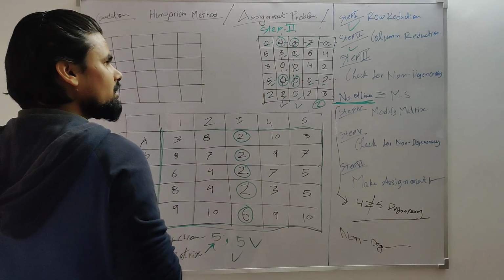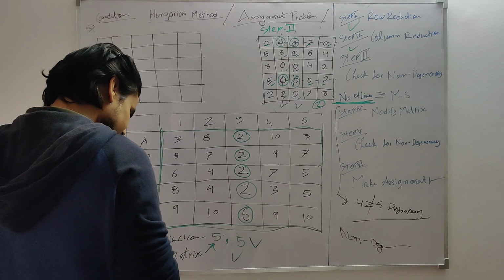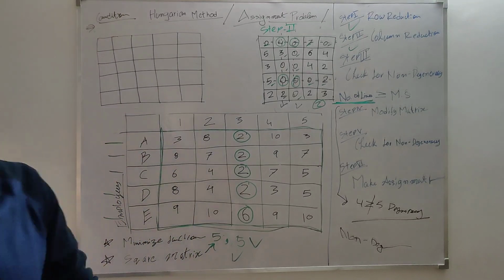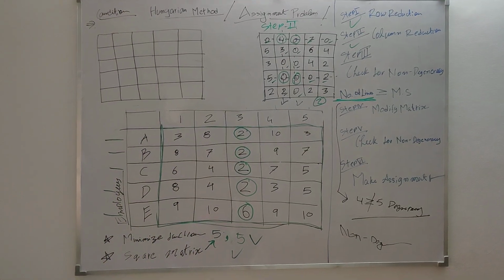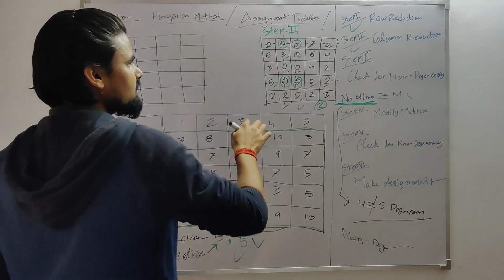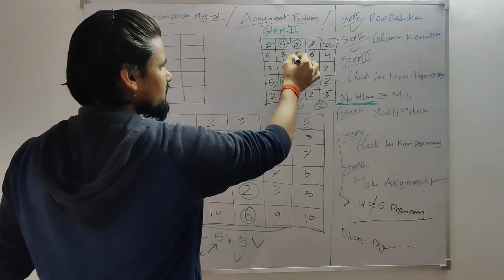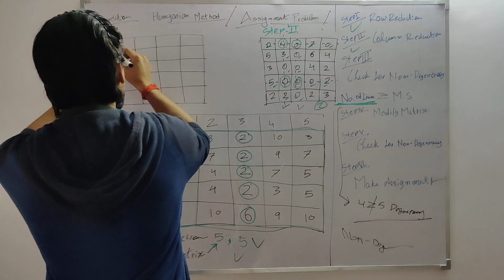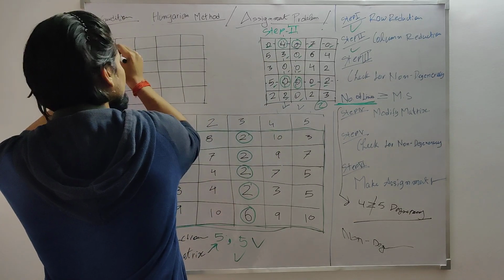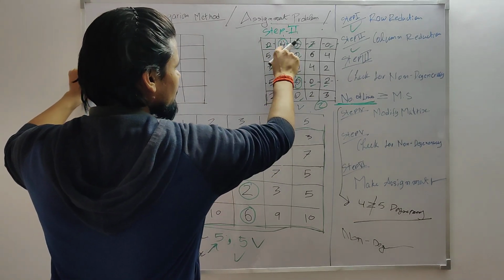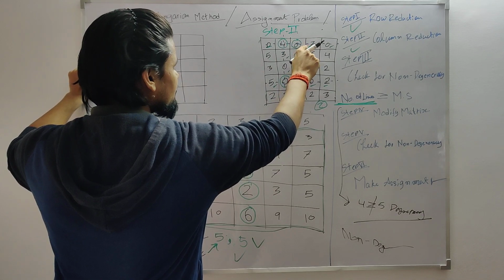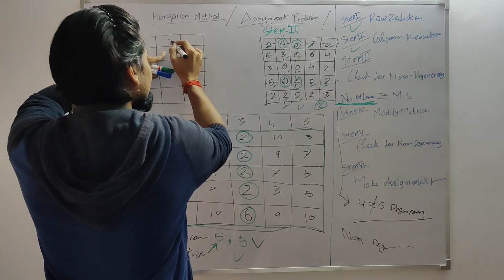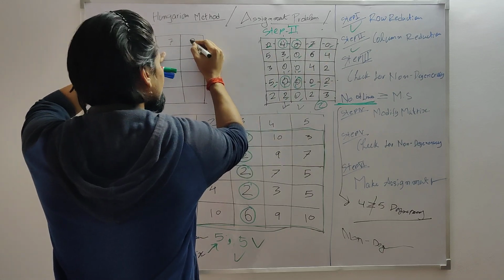Now whatever number is falling on a single line, we will write as it is. Like here 0, then 4 is at the intersection, 0 is at the intersection, so we are going to leave these. Then 2, 7, 0.